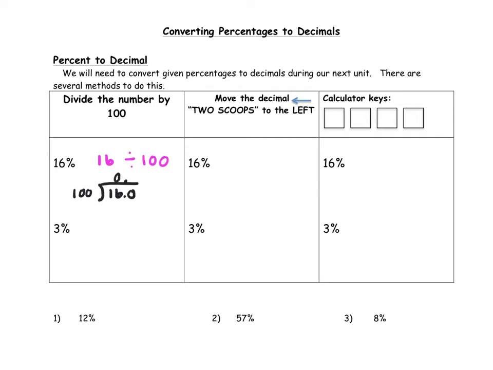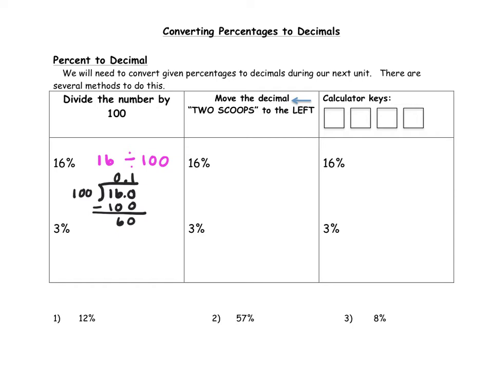I'm going to pretend that I'm looking at 160. So I could get one group of 100 if I had 160. I could make one group. So we're going to say one group, and I'm going to take away that one group of 100, and I'm going to have my pretend 60. It's really 6.0, but I'm pretending it's 60.